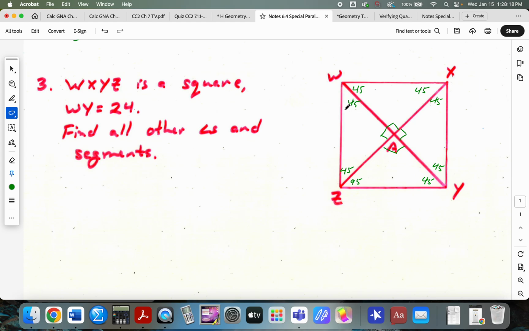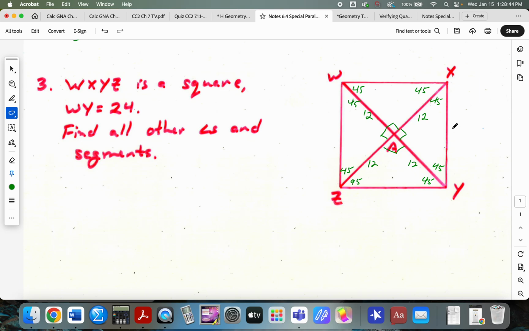And then it tells me the length of WY is 24, so what else do I know? That each half a diagonal is 12. Each piece of a diagonal is going to be 12 then. And then in a 45, 45, 90, what do we do with the leg length to find the length of the hypotenuse?